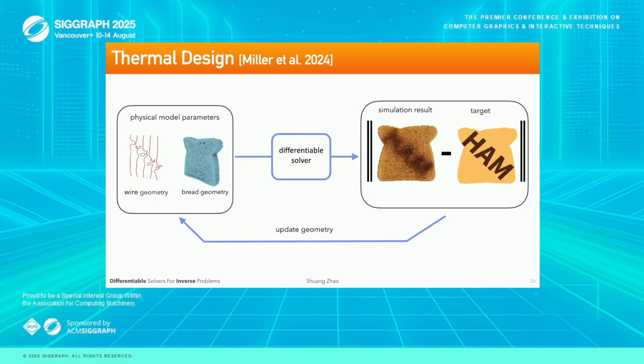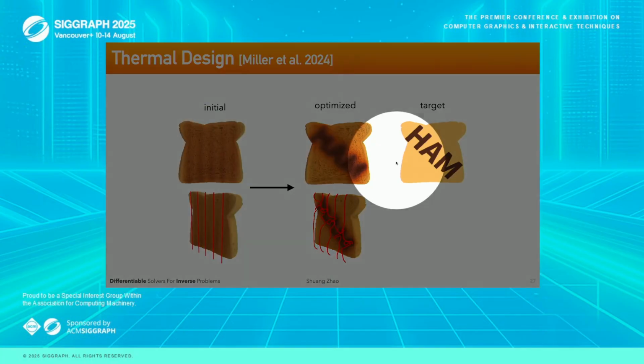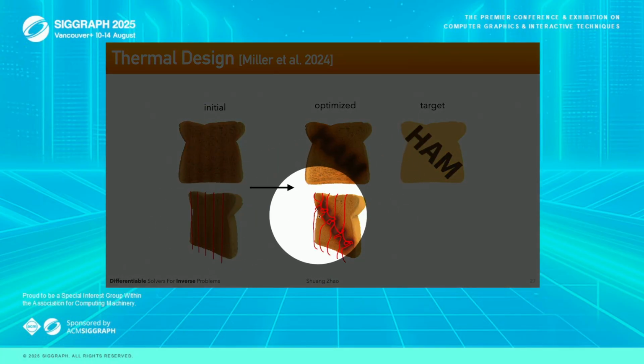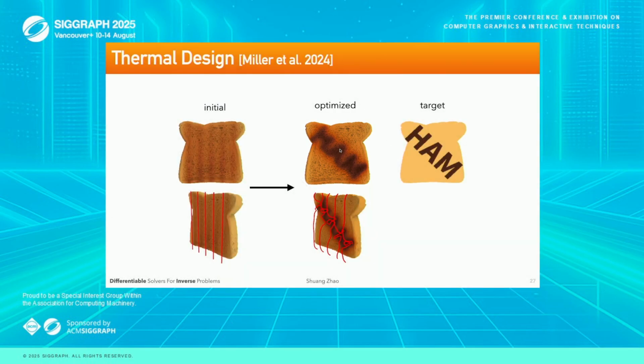And also by using the shape derivatives, the geometries of these wires can be optimized. So as you can see, initialized with just some straight wires, we get quite complicated shapes that achieve this pattern on the toast.